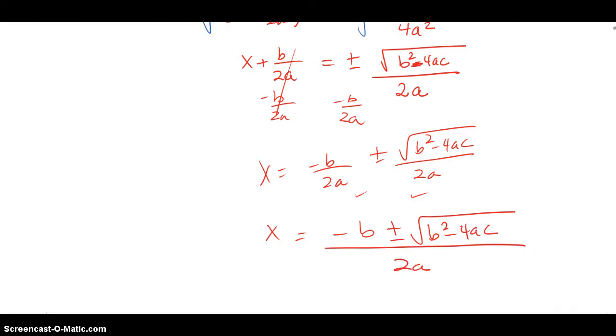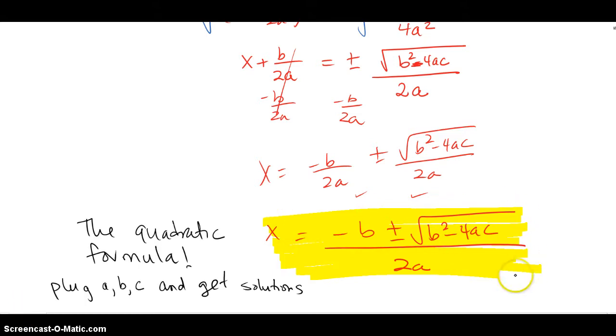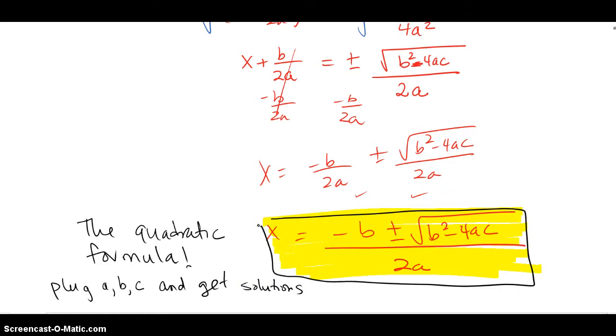And this, most of you probably remember as the quadratic formula. But basically where it comes from is just completing the square. So if you have the quadratic formula memorized, you basically plug in the a, b, and c values from your quadratic equation and get your two solutions after you simplify. So this is the main thing we'll be using in this section, the quadratic formula.